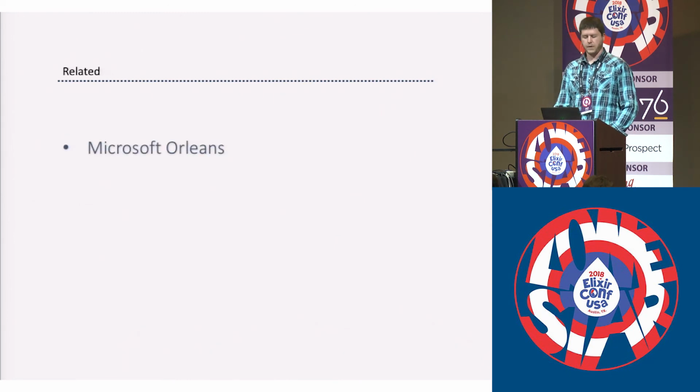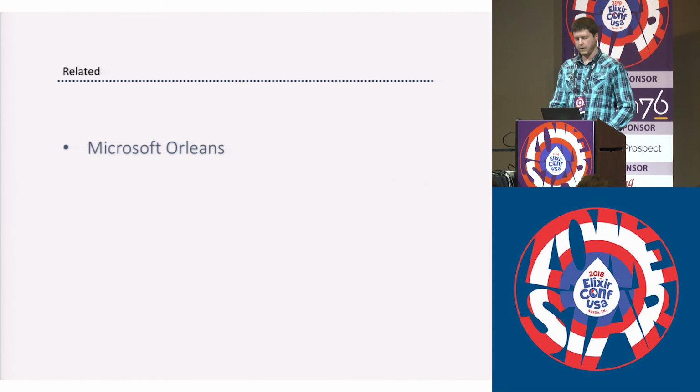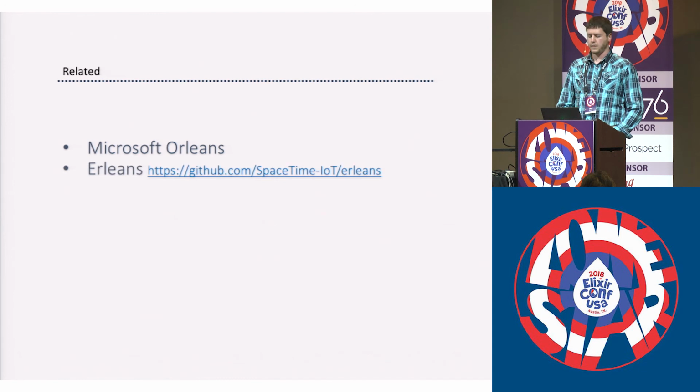So a few other projects I'd like to call out. Microsoft Orleans is a .NET project. I don't know if any of you have happened onto that, but they use terms like silos to talk about nodes and grains for what we would call processes. And there's a project called Orleans, which is written in Erlang, that takes the same idea, and it uses the same sort of patterns as what I'm talking about, where it saves the grain state to a database, and if that grain crashes, it can restore it.